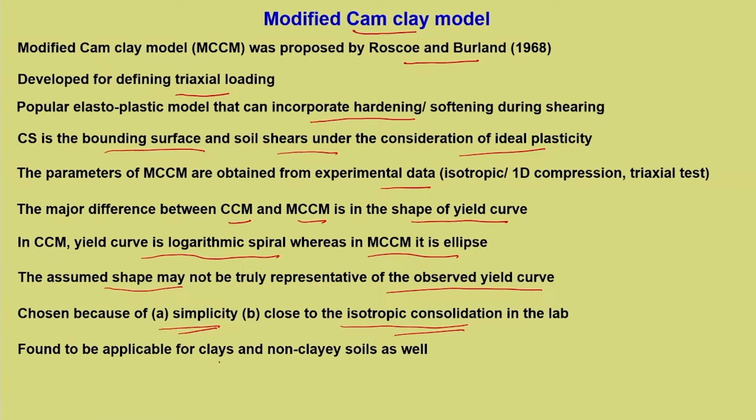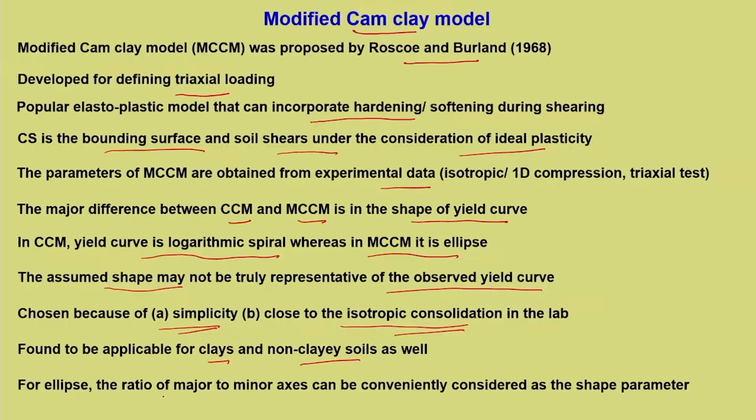It is found to be applicable for clays and non-clay soils as well, even though there are deviations. For some soils it may not behave properly, but in most of the soils, in the absence of any other model, this is found to be a fair approximation.